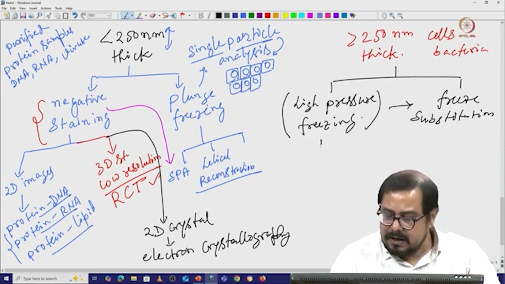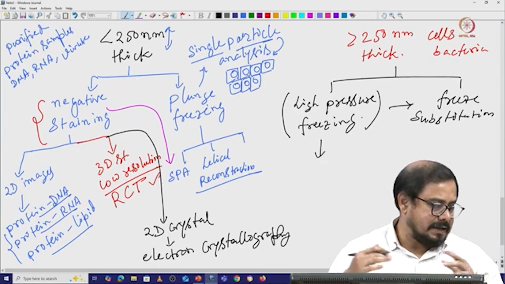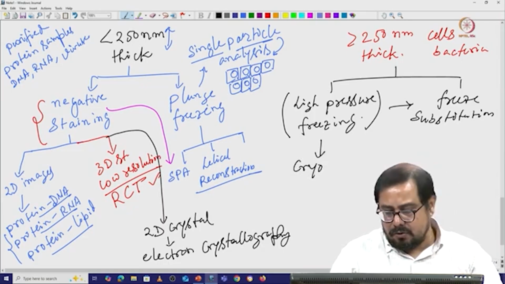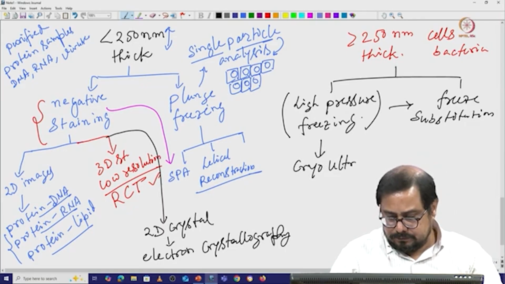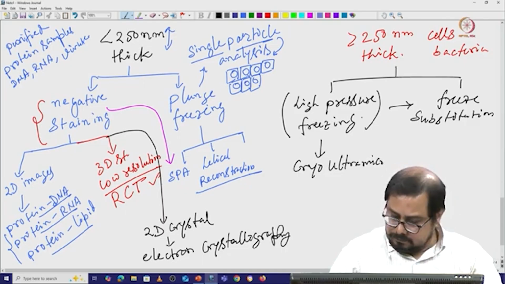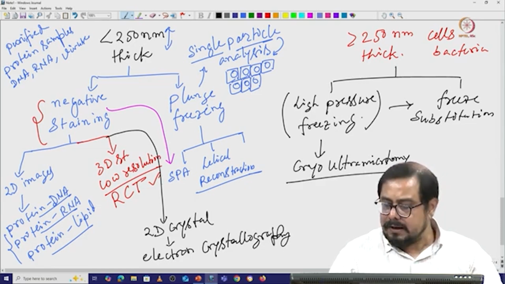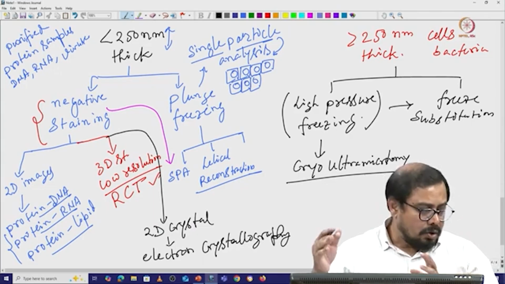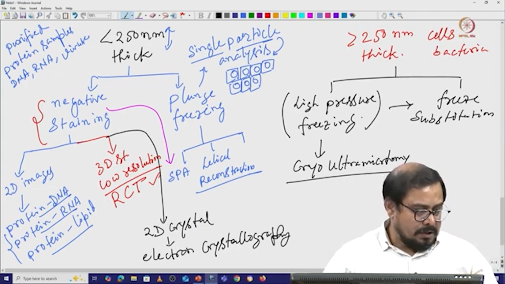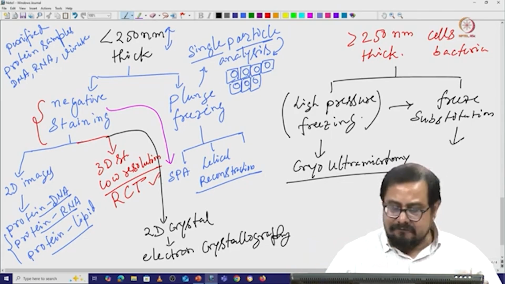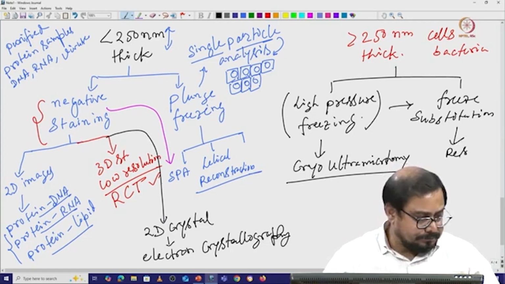After high pressure freezing, the next step will be cryo ultramicrotome. Cryo ultramicrotome is an equipment, and we use it to do the next step. So, here we can use resin and form that resin block.